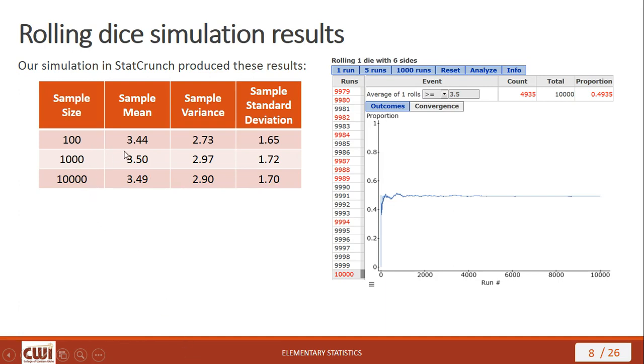So here we go from 3.44 with 100 rolls for the sample mean, up to, for 1,000 rolls, 3.5. So now we've hit our expected value, but if we go another order of magnitude up to 10,000 rolls, we dip slightly down to 3.49.